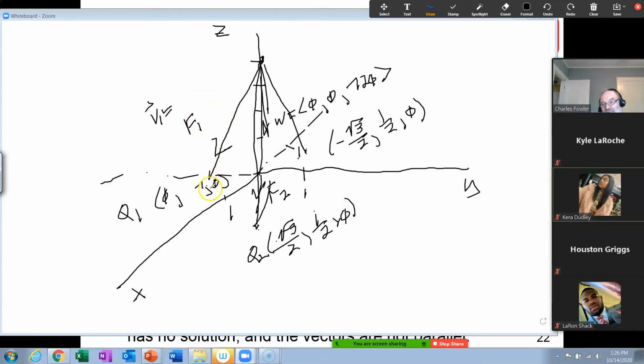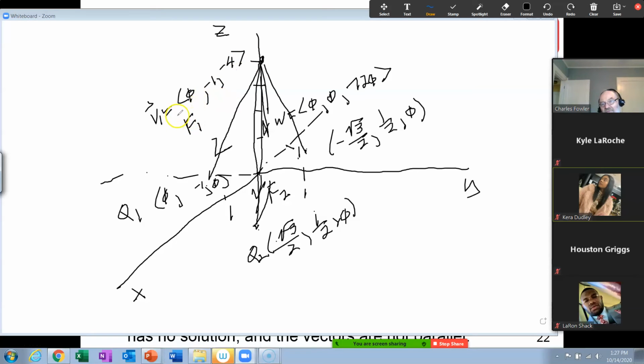This would be the terminal point, there's the initial point, so that would be 0 minus 0 is 0, negative 1 minus 0 is negative 1, and 0 minus 4 is minus 4.